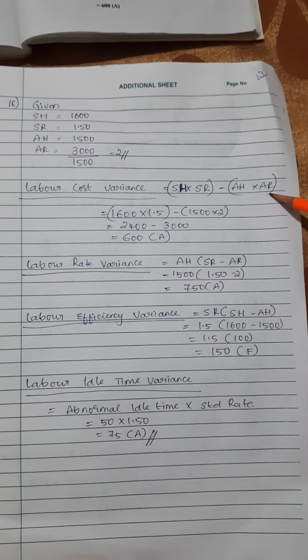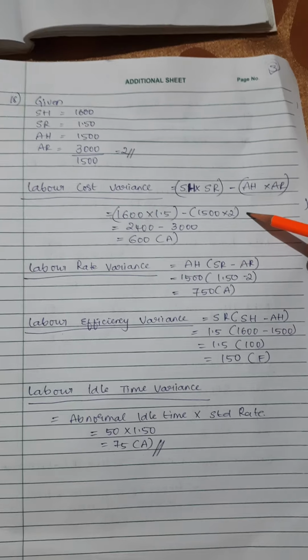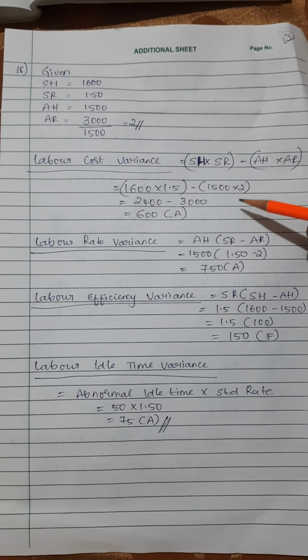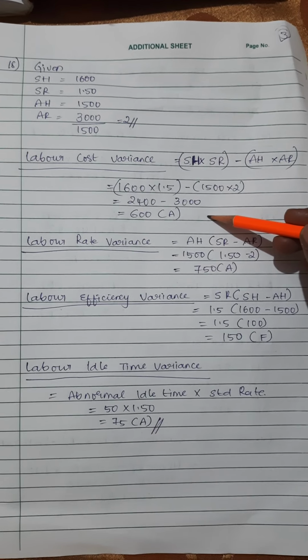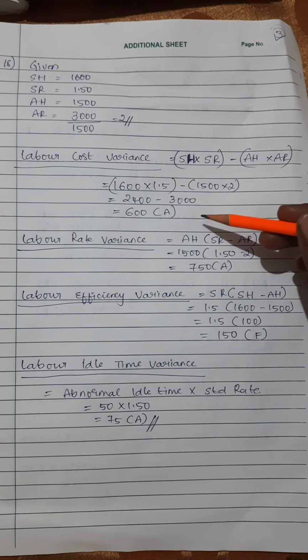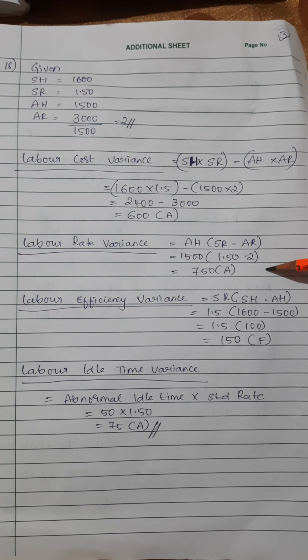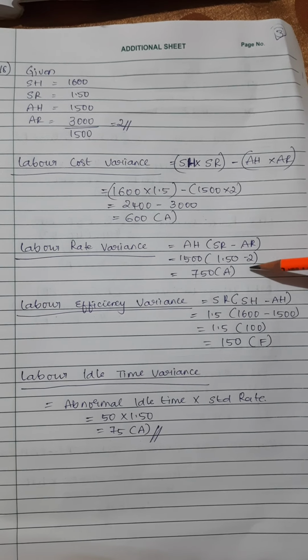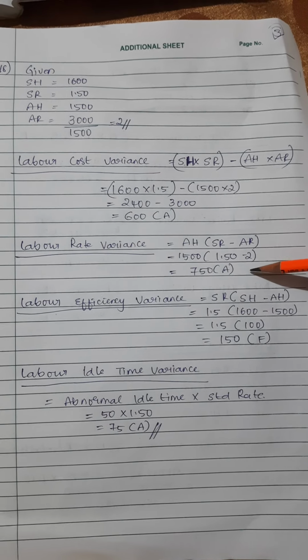Labor cost variance, your formula remains the same, just that you have to substitute the values like your previous one. If you substitute, your answer will be 600, which is 2,400 minus 3,000, a negative balance, adverse. And then we have labor rate variance. Substitute with the formula the available details in the question, that is 750.